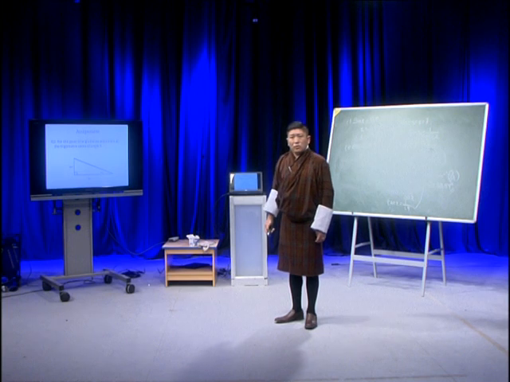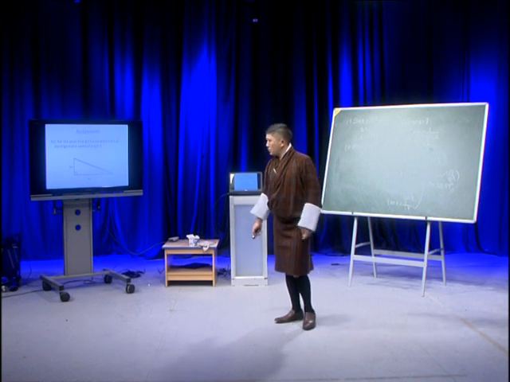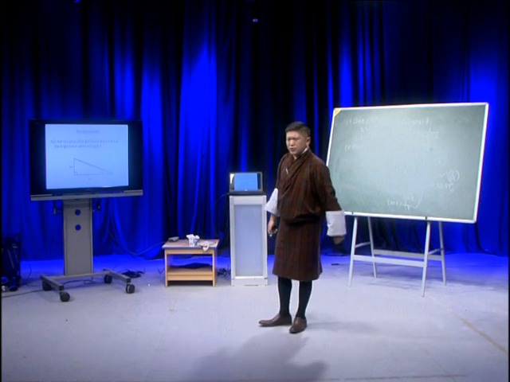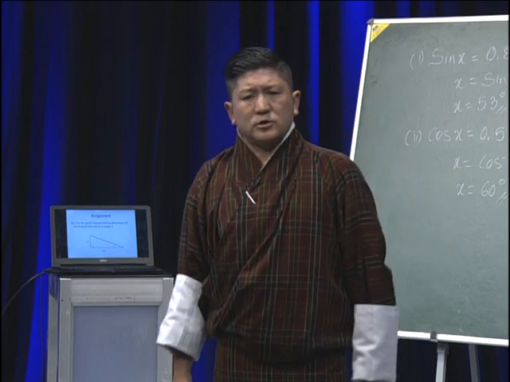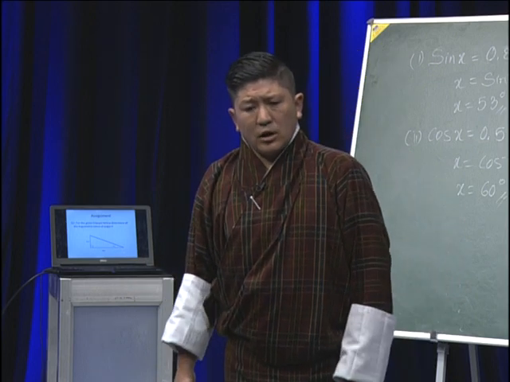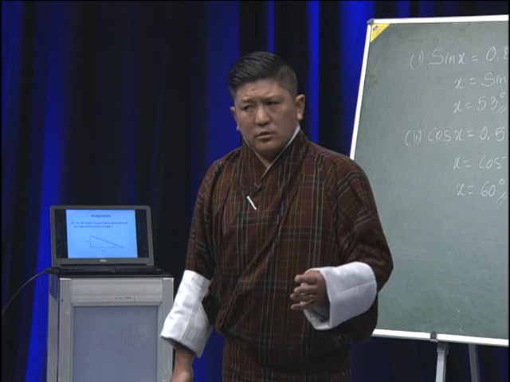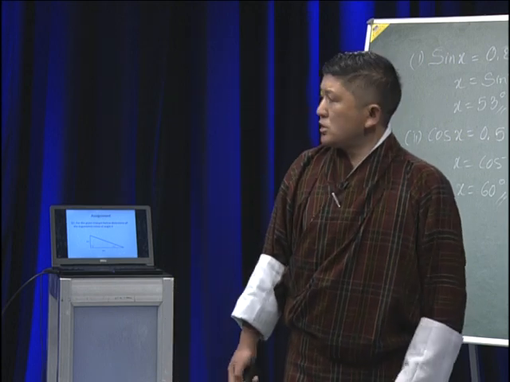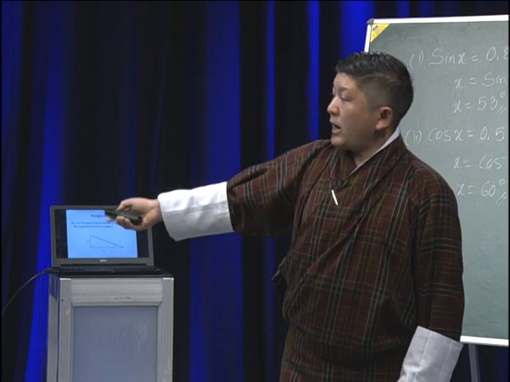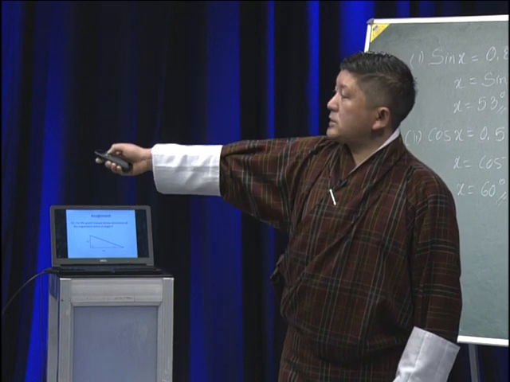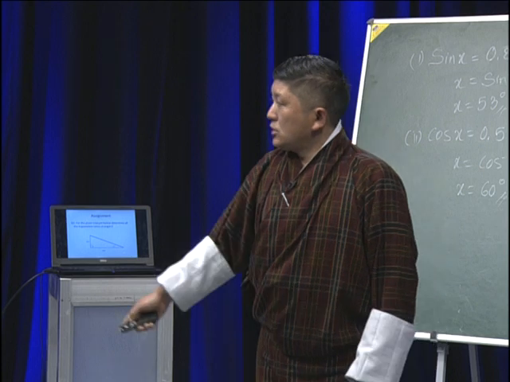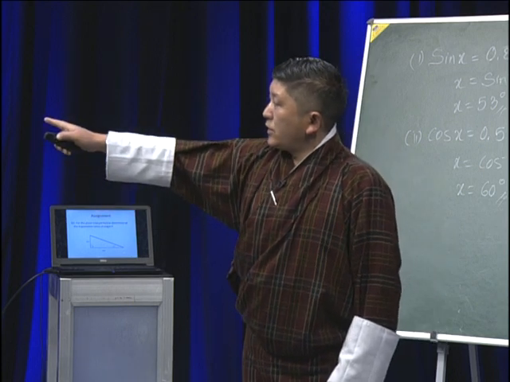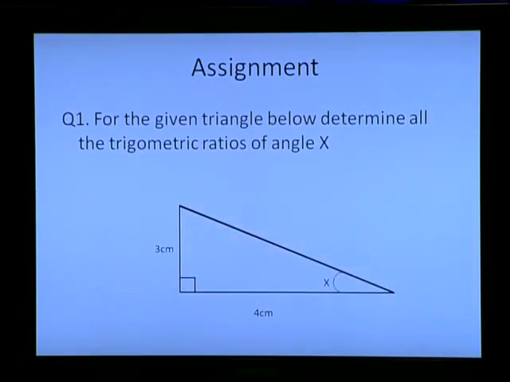Now, as I have already taught you about all 6 trigonometry ratios and how to find the acute angle if you know the trigonometry ratios, I have assigned you some work. For the given right triangle below, determine the trigonometry ratios of angle x.